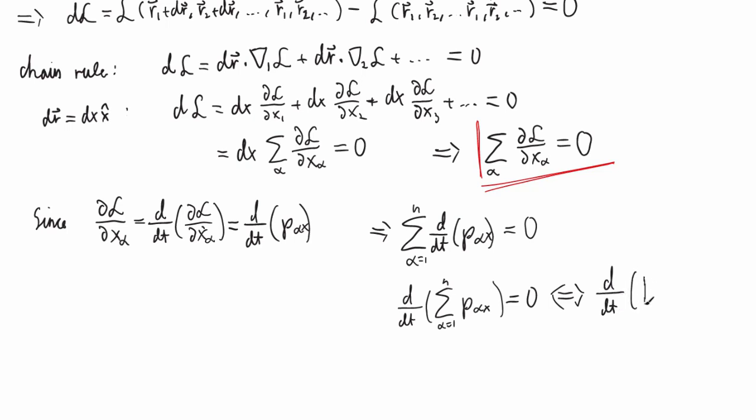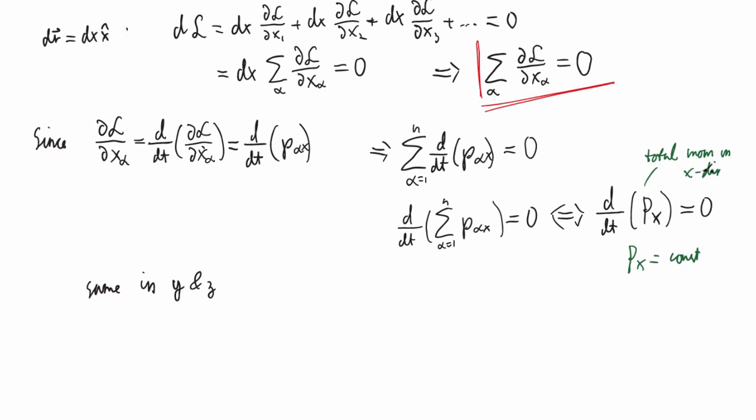So that means that d/dt of Px, the total momentum, is 0. And that, of course, gives us that Px equals a constant. And the same thing works in y and z, of course.